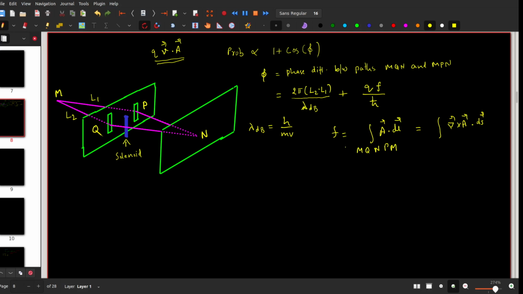This is what we did in the previous video. So in that case, this path integral of A dot dl was coming out to be equal to the flux through this loop.